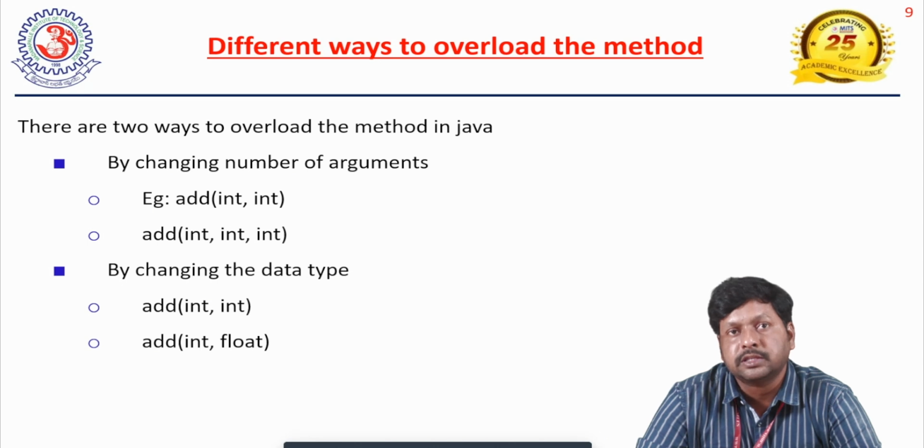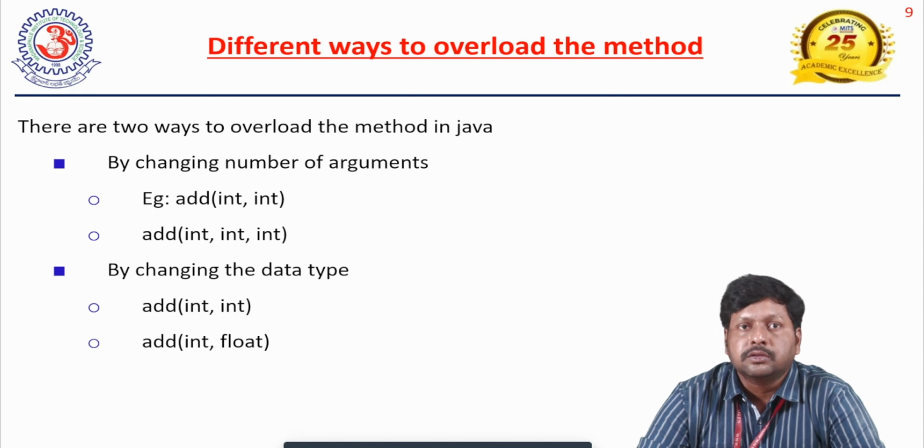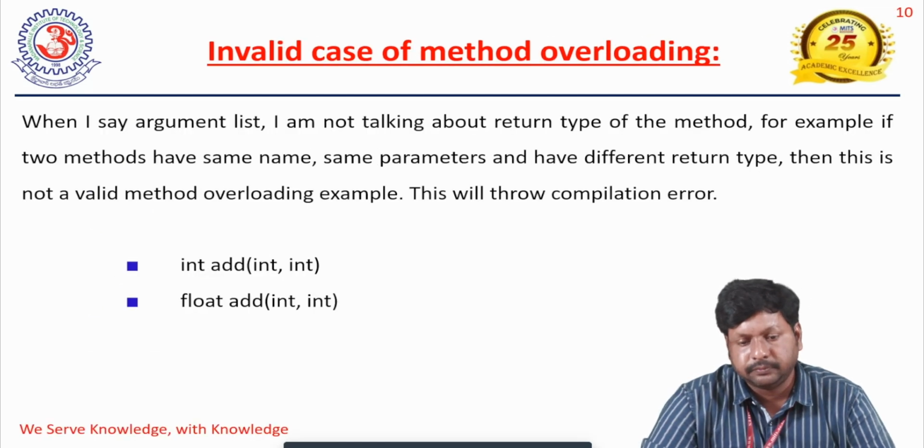If both are the same, that means this concept belongs to method overloading. Here I am passing three parameters, int, int, int. What is the other way? By changing the data type also. In the second example, add int comma float. Sometimes you are passing integer types only, sometimes you are passing different parameters also. Both are valid examples.